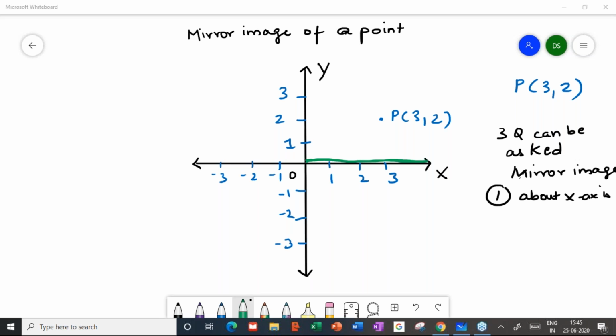The same point this side, which means it will still be 3, but it's going to be -2 this time. So if I say mirror image about the x-axis, this is what you do, right? This line in green will act as a mirror and you will get a point behind it.